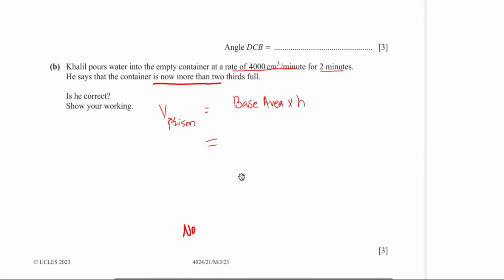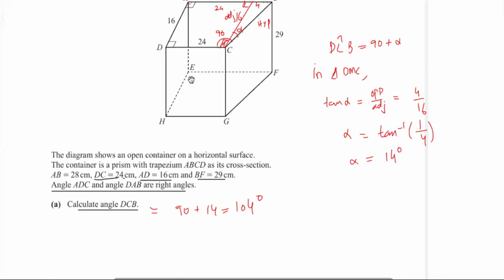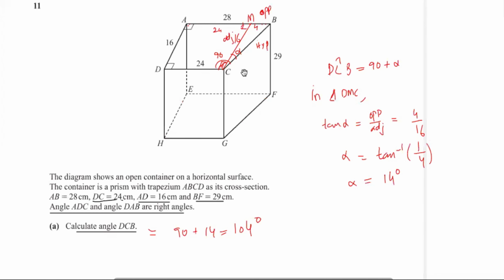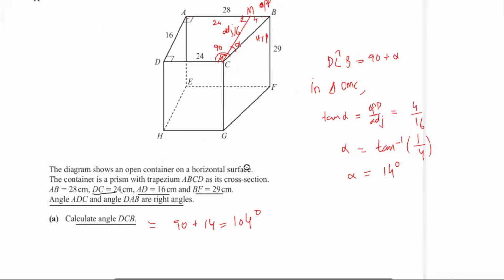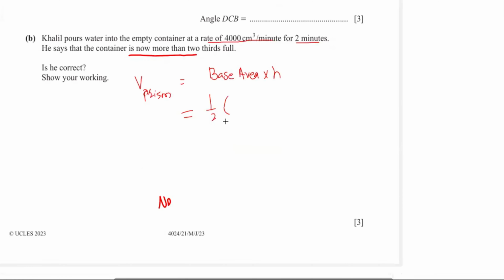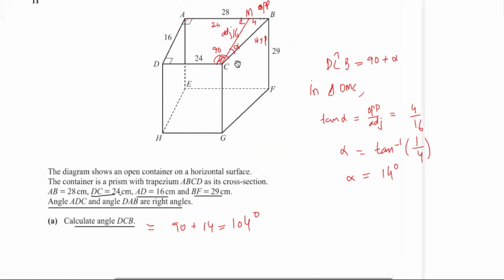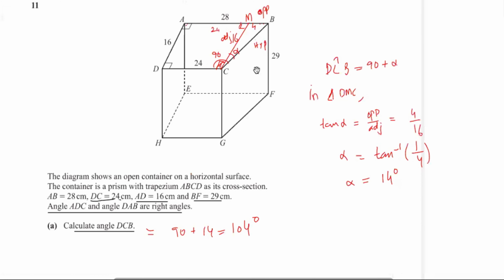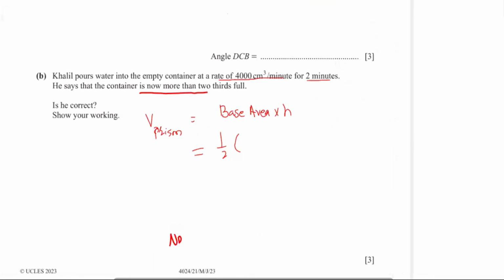Here the base area is the cross-sectional area, which is the trapezium shape. Therefore, the area of the trapezium will be equal to 1 over 2 times the sum of the parallel sides. You see here the parallel sides are DC, which is 24, and AB, which is 28, so 24 plus 28, times the distance between them.